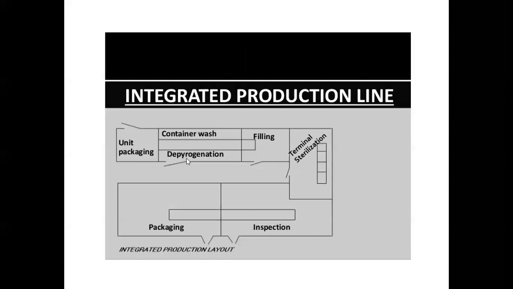Integrated production line: here unit packaging is done, so then container washing, depyrogenation, and then filling, and then finally the terminal sterilization of the finished product. Then these are inspected and then packaged. So this is the integrated production line.